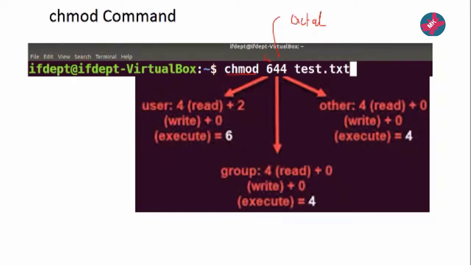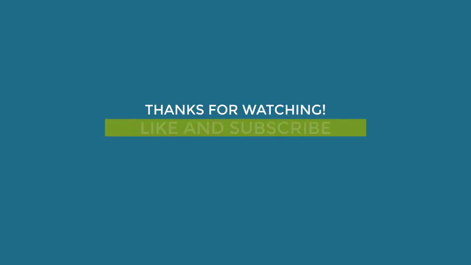Then 4 means what? Only read permission is given to the group. And the last one, 4 again, is a read permission only for the others. Means this particular command will assign read and write permission to the user, then read permission to the group, and read permission to the others as well. So in this way, you can utilize this chmod command.